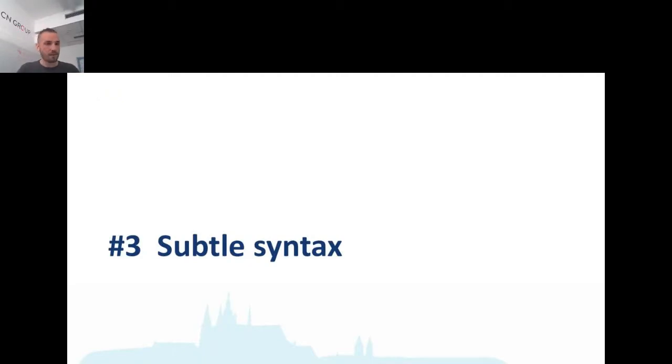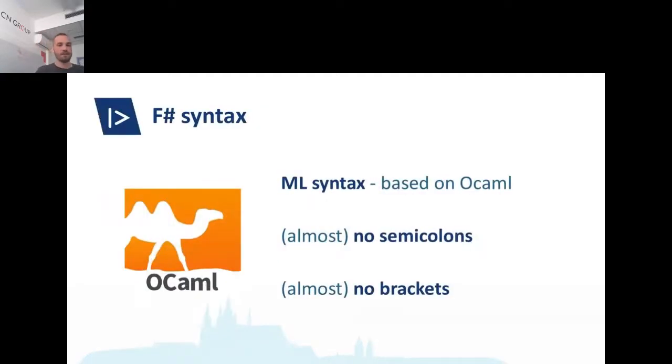One thing, and I'm getting into the area where someone feels this is really great and someone feels this is quite a disadvantage, is that F# has a different syntax. It has an ML-based syntax based on OCaml. What's pretty cool, it has no semicolons, no brackets.